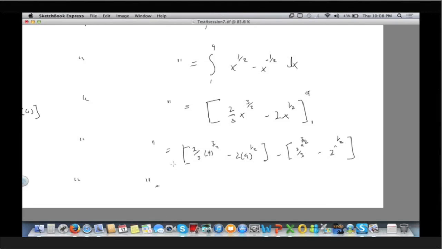Minus 2 times 9 raised to 1/2. Then I'm going to close off my brackets. Minus new brackets. 2 divided by 3 raised to 3/2. Minus 2 raised to 1/2.